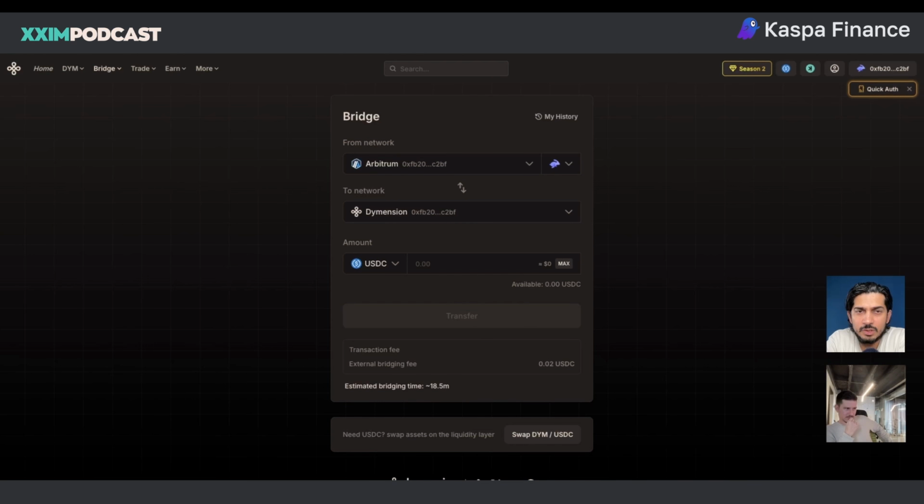Now, quickly, can we talk about Dymension itself? I'm assuming it's a proof of stake system, right? Can you quickly talk about what consensus you guys use for your own validators? Yeah, so Dymension uses Tendermint. Tendermint is probably the most popular framework, in terms of it's a Cosmos SDK with Tendermint as the consensus engine.